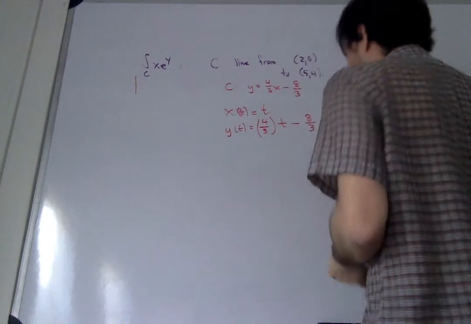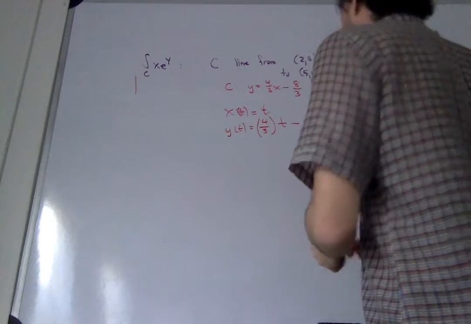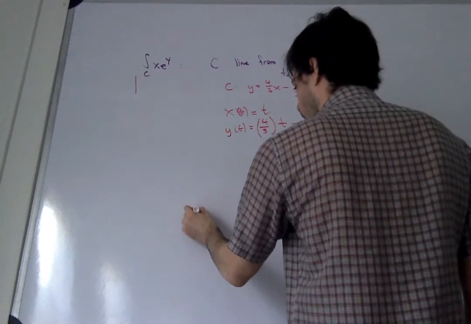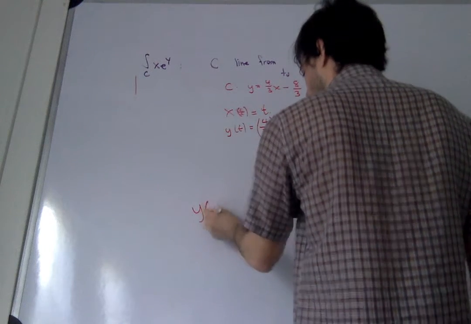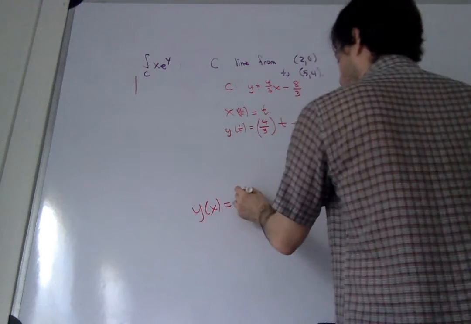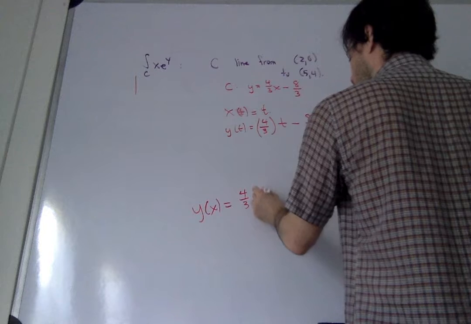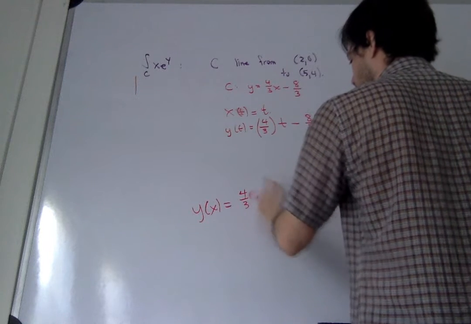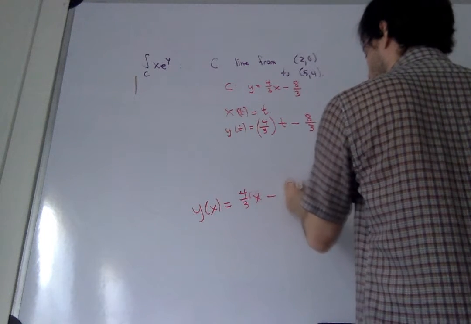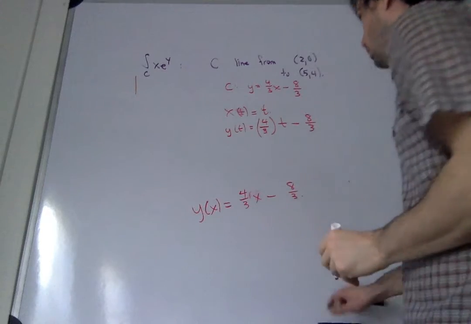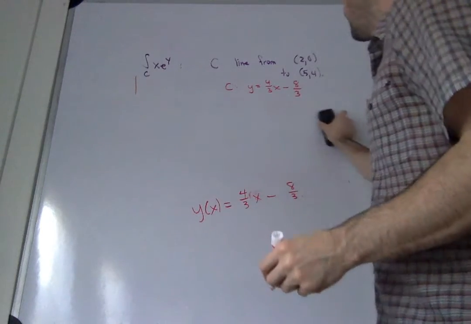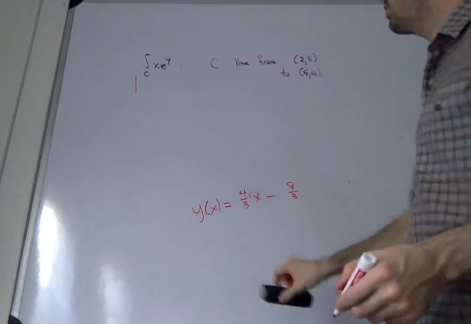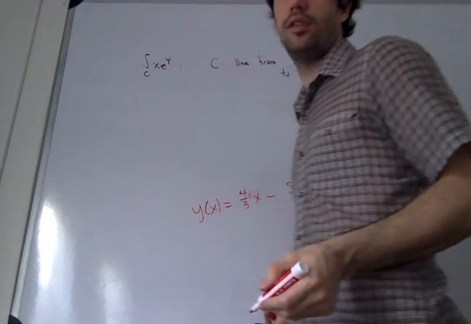Well, let's make it less messy. So I'm going to write down here, we have this curve, y of x equals 4/3 x minus 8/3. Well, let's come up with a better parameterization.